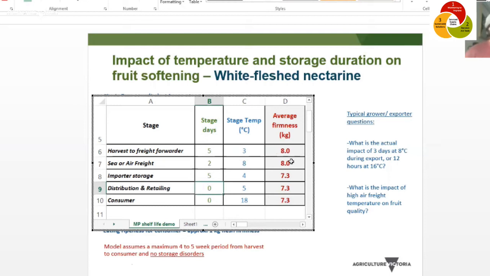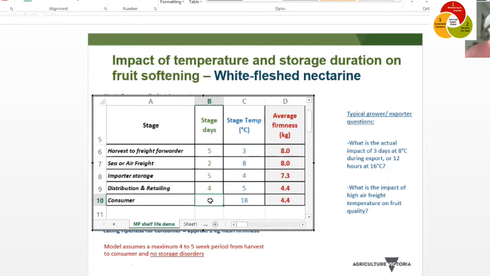So not much happens initially, but once you start moving into the chain at different temperatures, your flesh firmness is dropping. I'm guessing say 4 days realistically, and as the days of storage accumulate and different temperatures are encountered, your flesh firmness starts dropping off.